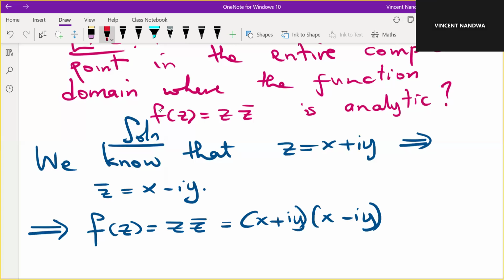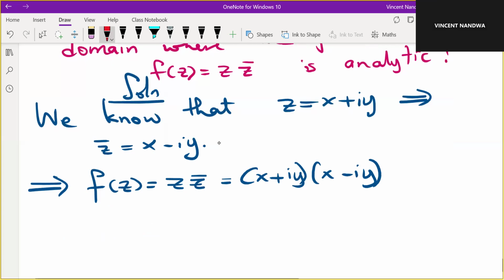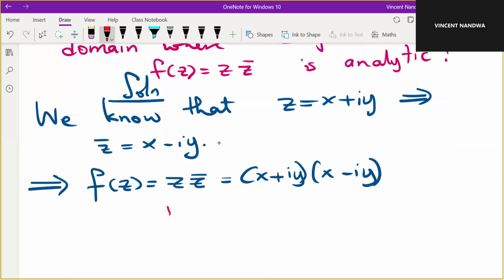So can you expand and tell me what will be the real part of this complex function? So the real part will be having which function?